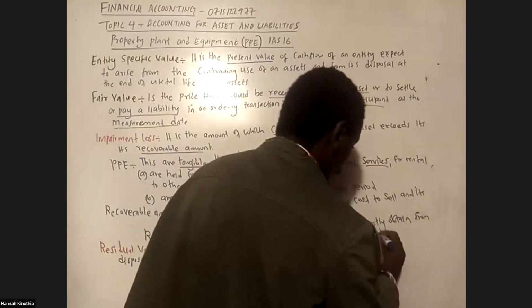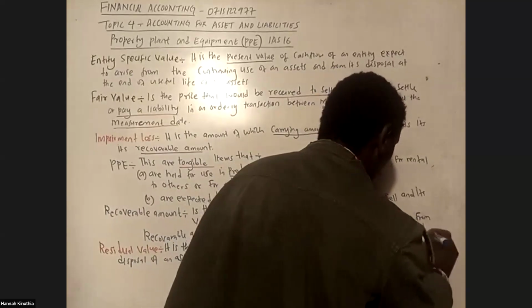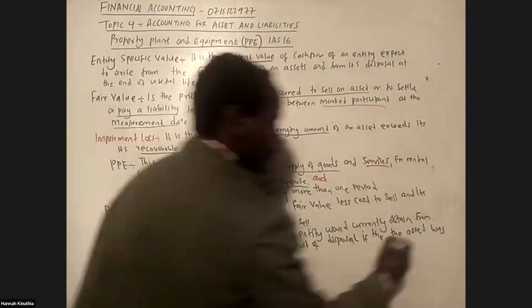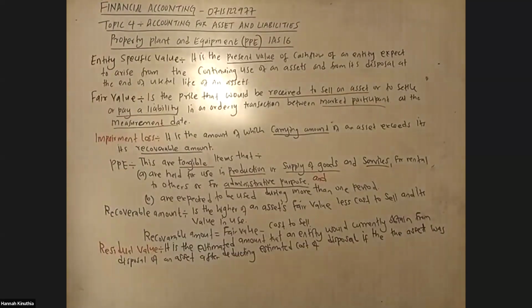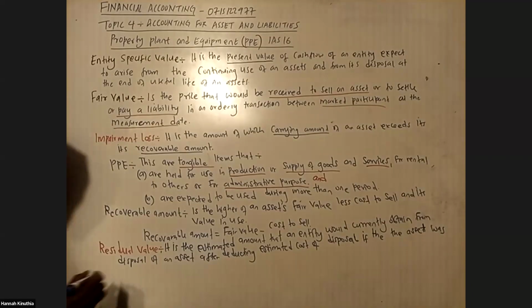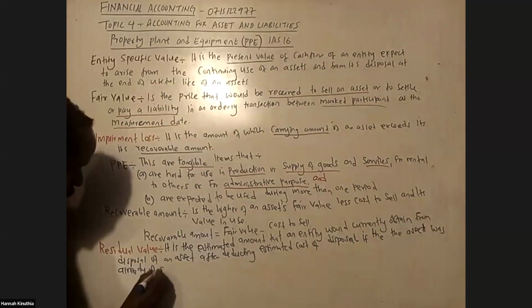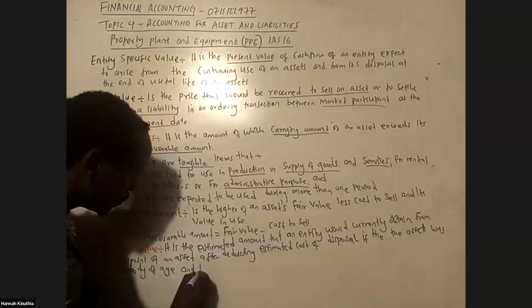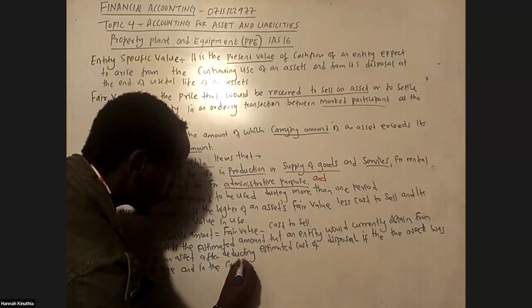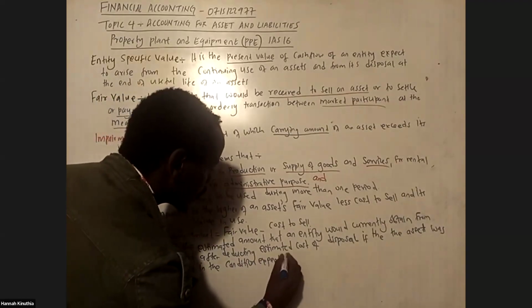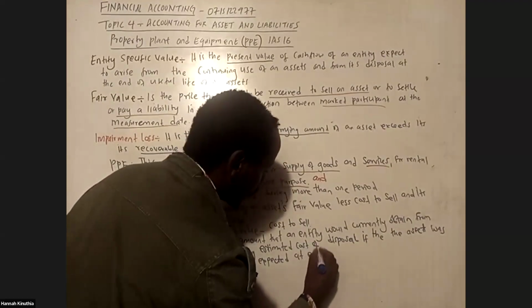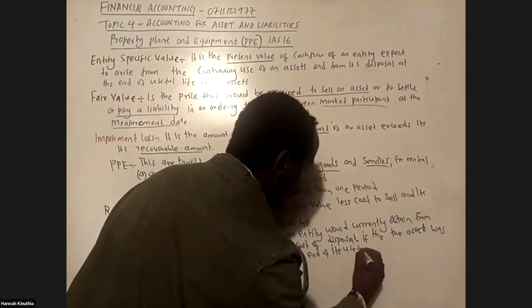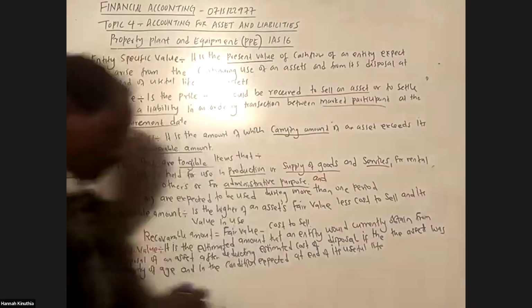We can also add this one. If the asset was already of age, and in the condition expected at the end of its useful life.